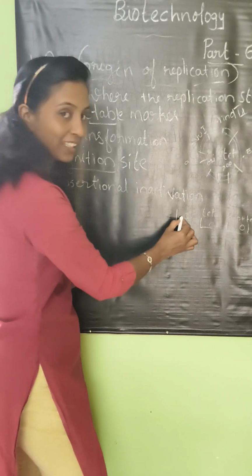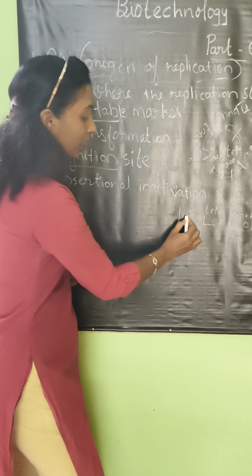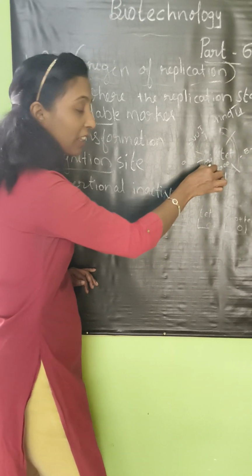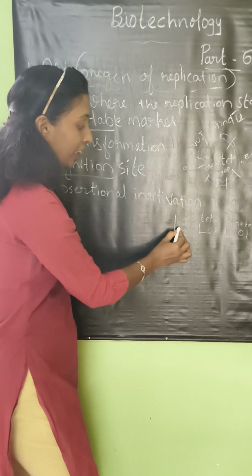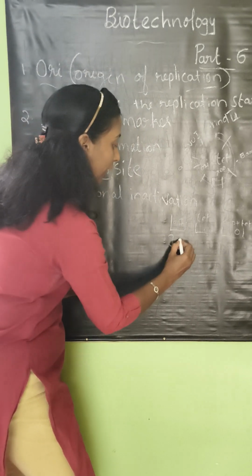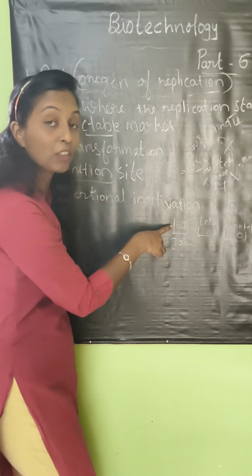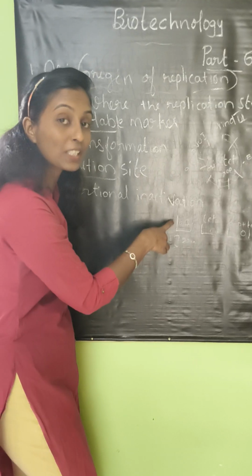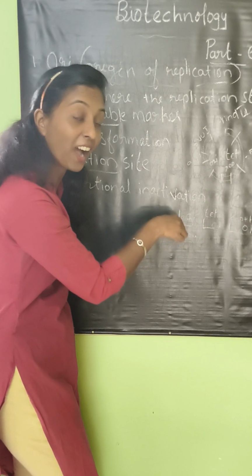So what happens here? In the first plate, ampicillin resistance is there in our rDNA, so it will grow in the first culture plate.